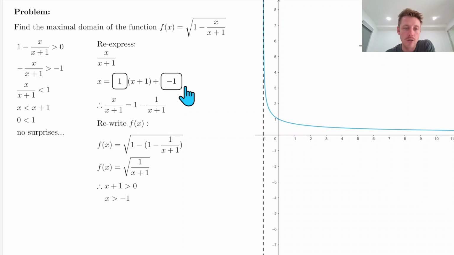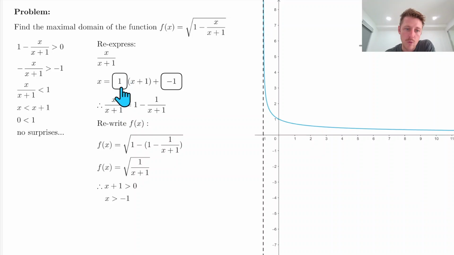Again, I'll put a link below to explain how re-expression works, but I think that should seem like a logical step as something we can do without breaking any rules, right? Okay, and then, looking at this right-hand side now, we can divide everything by x plus 1. So on the left-hand side, we get x on x plus 1, but now we've re-expressed it.